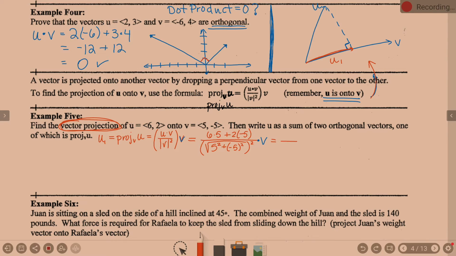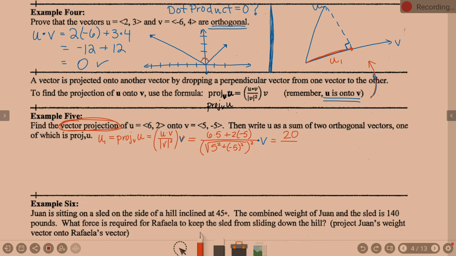Looking at what's happening in my fraction. 6 times 5 plus 2 times negative 5, 30 plus negative 10, so you got 20 on top. Denominator. 5 squared is 25. Negative 5 squared is 25. 25 plus 25 is 50. It's the square root of 50 squared.